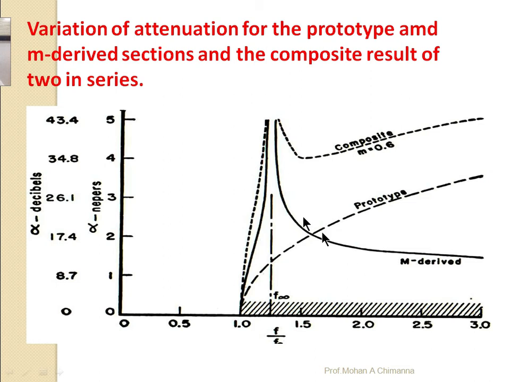Once the frequency goes on increasing, the attenuation reaches infinity, and this is the prototype whose characteristic is shown. Here the variation of the attenuation is shown, represented in decibels as well as nepers.